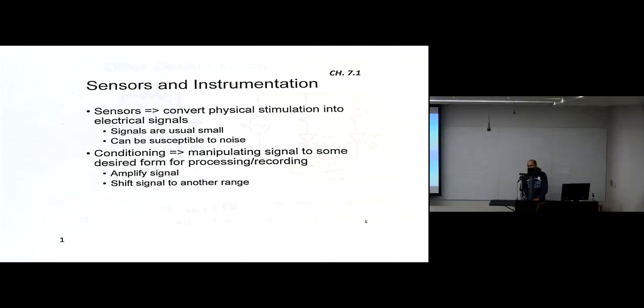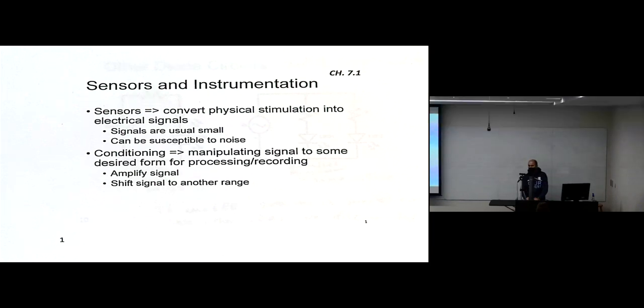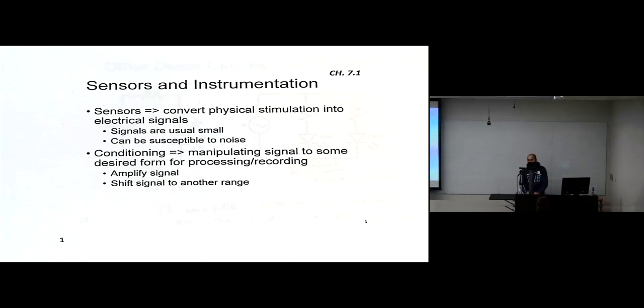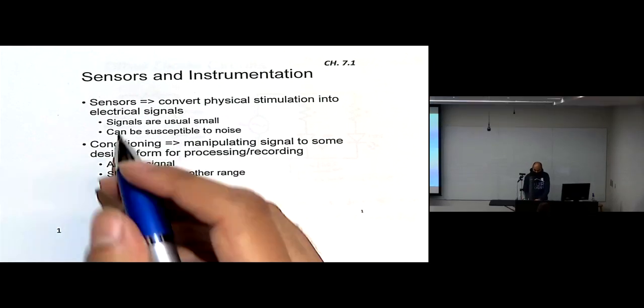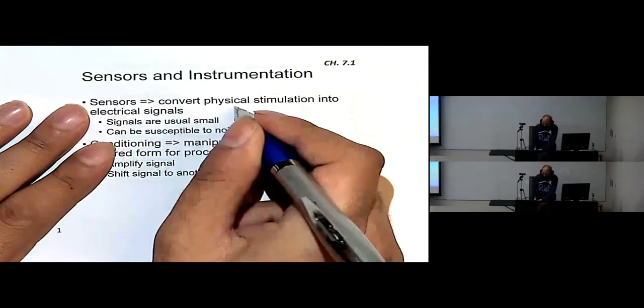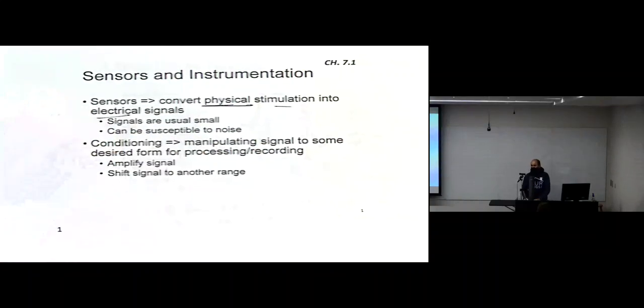How can it know when it reaches a certain temperature? How can I read this temperature? Through a sensor. The sensor is converting the temperature to an electrical signal. So sensors in general convert any physical stimulus to electrical signals.